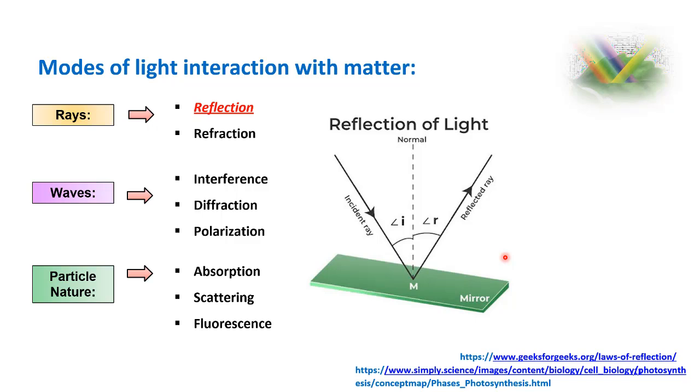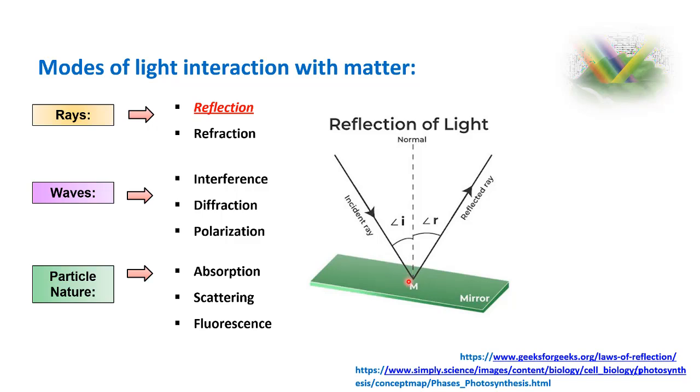Then the modes of light interaction with matter. As we know, when a ray of light falls on a material or an object, it can either reflect or refract, or if it is a ray, then it will reflect back. Suppose the surface is very smooth and shiny, without any roughness.